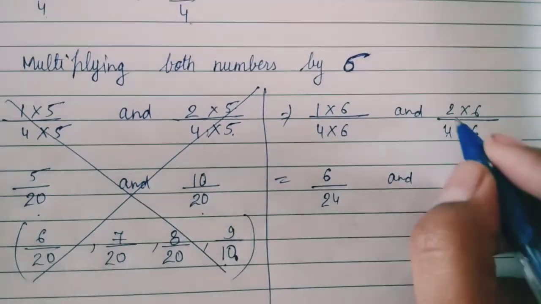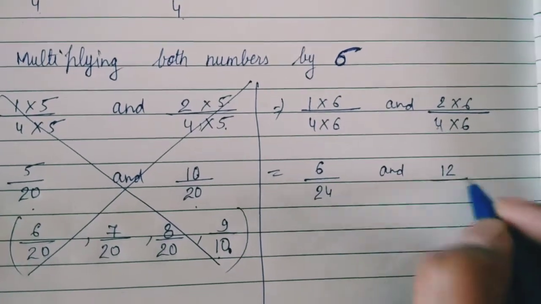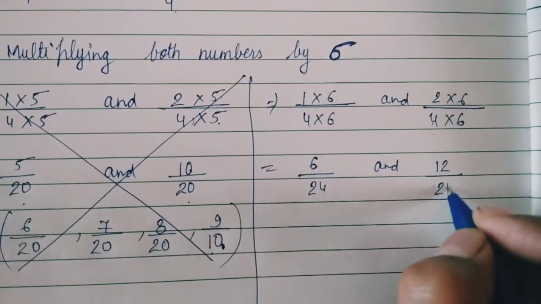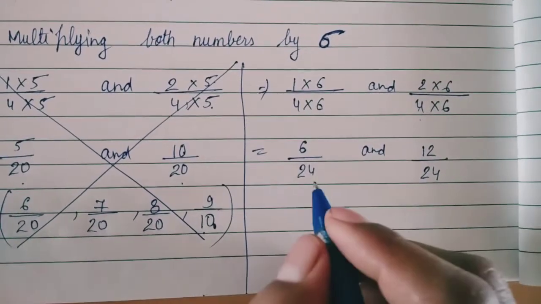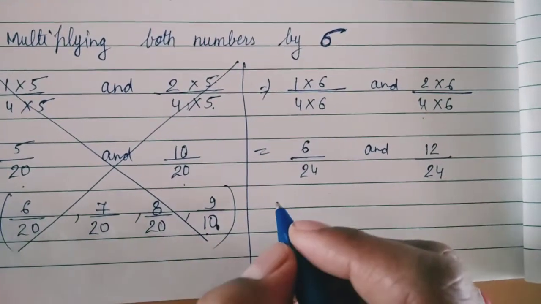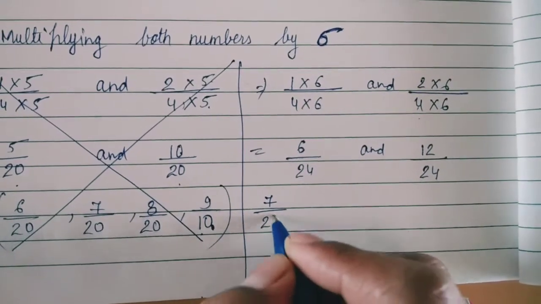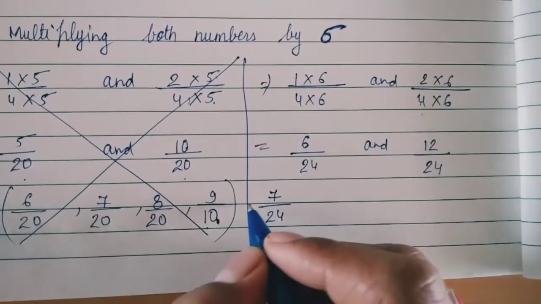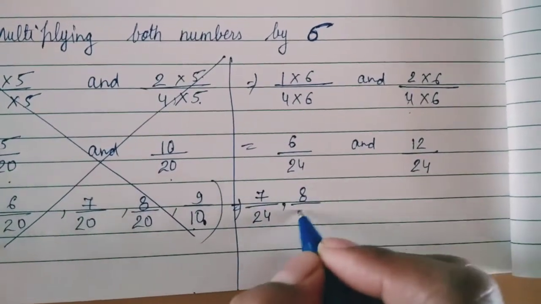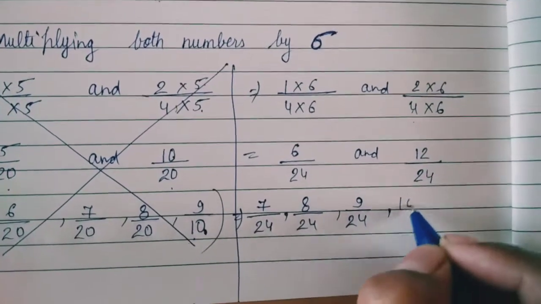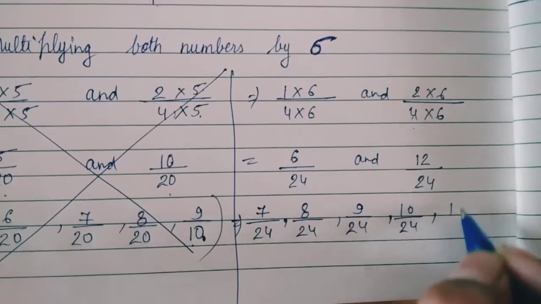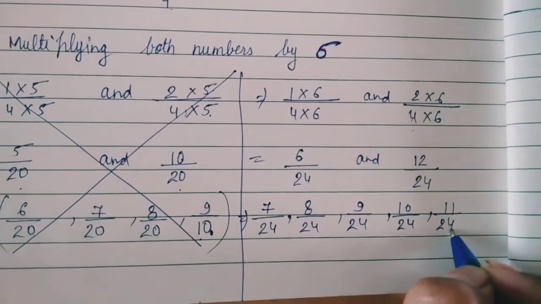Same, 2 6s are 12, 4 6s are 24. Now do we have 5 rational numbers in between these two? Yes. Now we have 5 rational numbers: 7 upon 24, 8 upon 24, 9 upon 24, 10 upon 24, 11 upon 24.